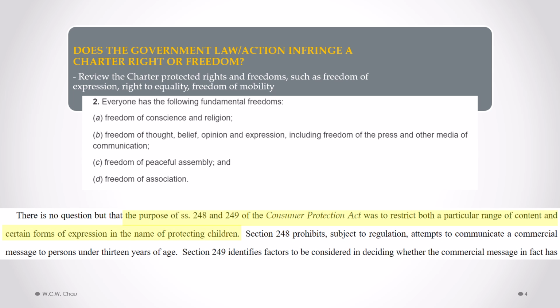Then the court said that the particular laws in this case were being used to restrict both a particular range of content and certain forms of expression in the name of protecting children. So the court is saying that these laws made by the Quebec legislature do infringe upon freedom of expression. Therefore the answer is yes, the law in question here does infringe on the Charter right of freedom of expression.